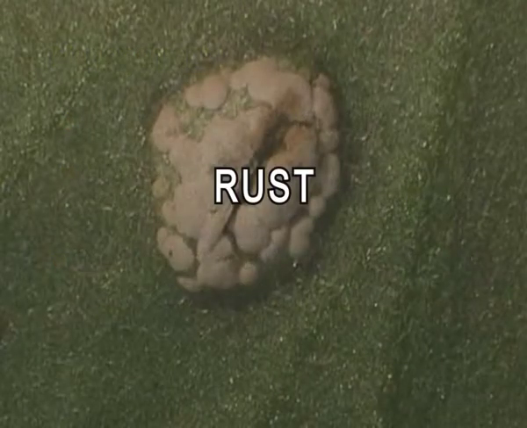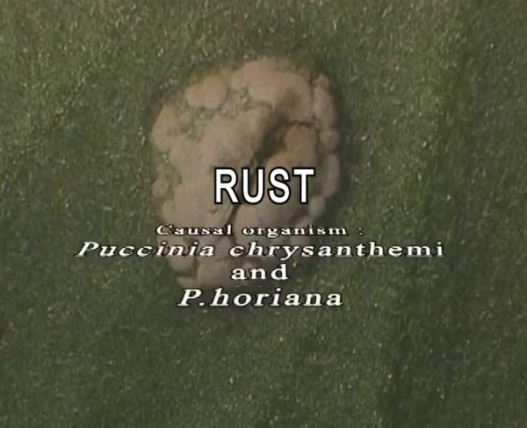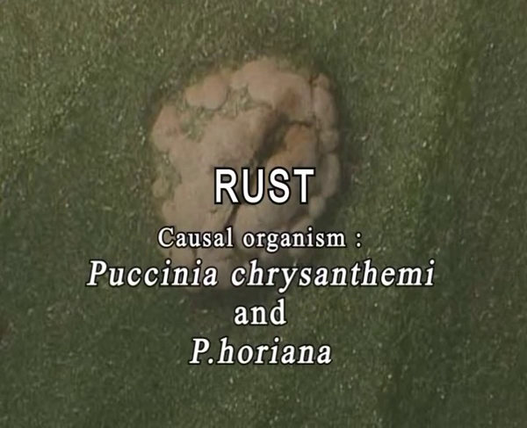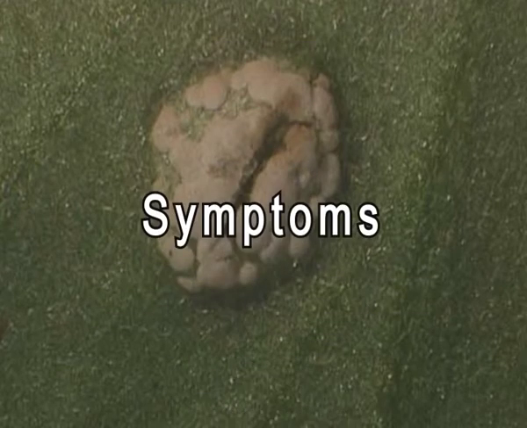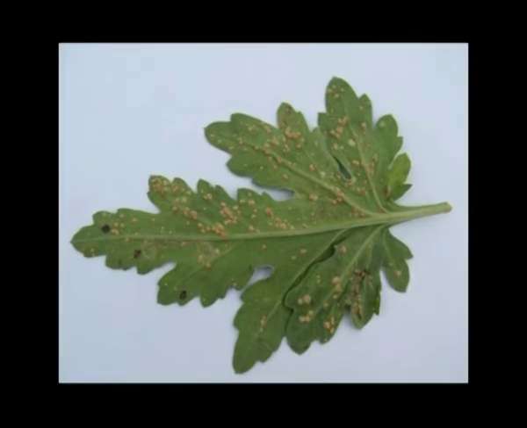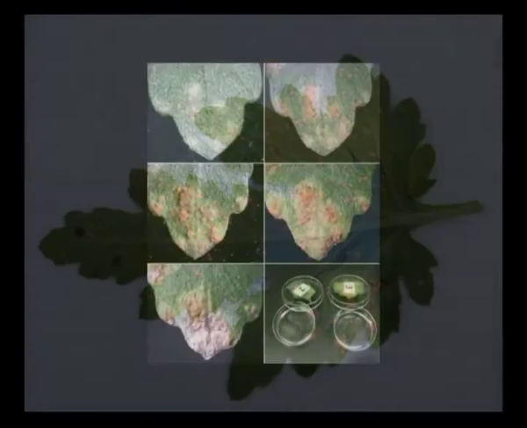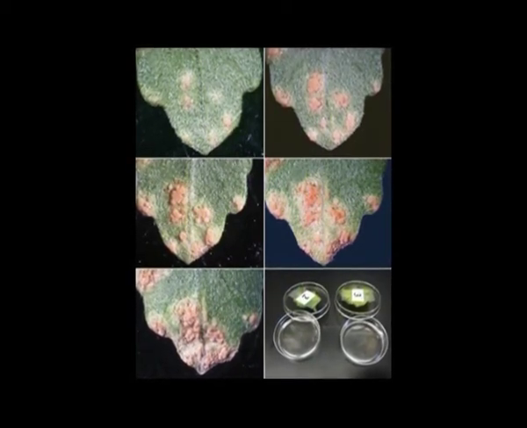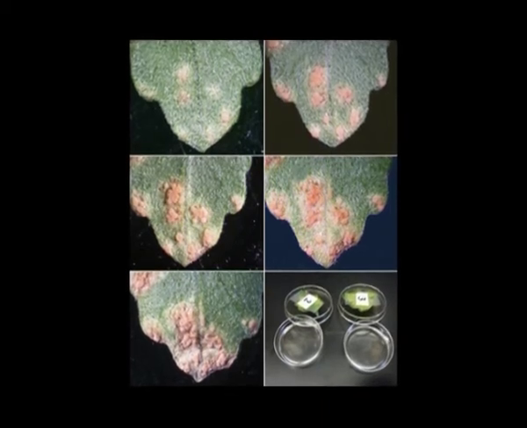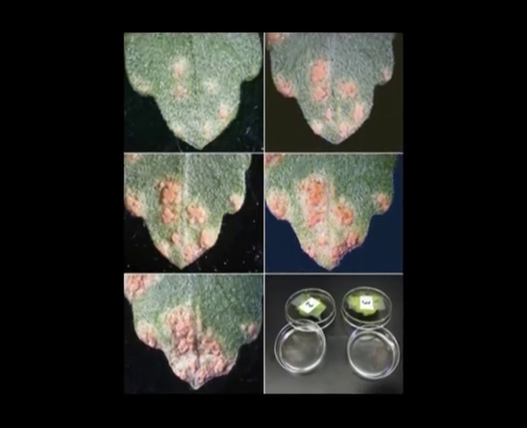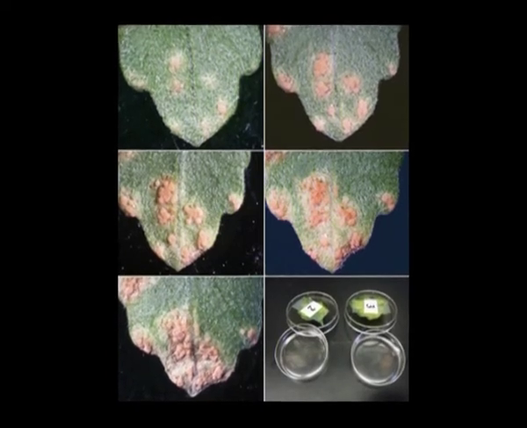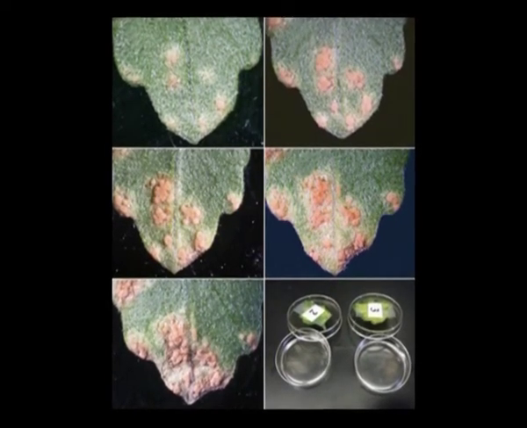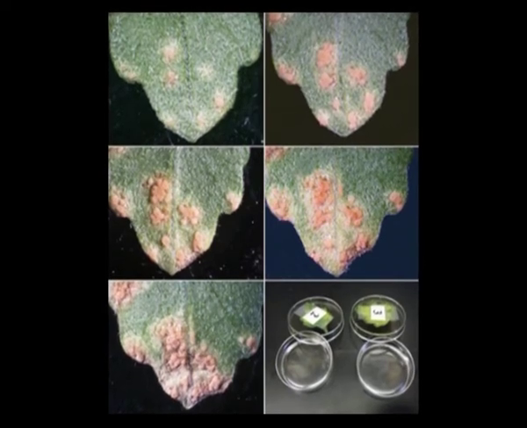Next disease is the rust. Causal organism is Puccinia chrysanthemi and Puccinia horiana. Now let's see the symptoms of the rust disease. Two species of Puccinia cause rust on chrysanthemum, Puccinia chrysanthemi and Puccinia horiana. Puccinia chrysanthemi is most common in late summer and is characterized by dirty brown pustules and yellowish green spots on the upper surface of leaves.